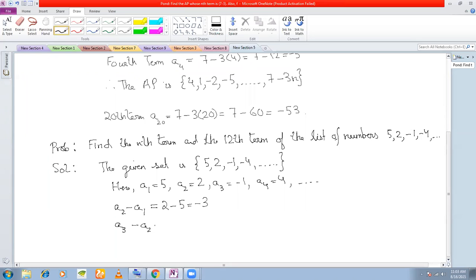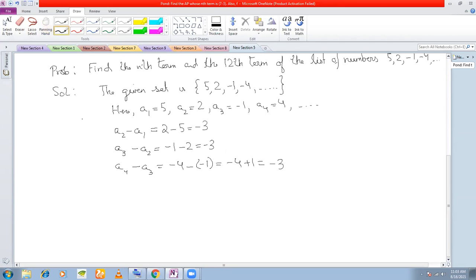A3 minus A2, will give you minus 3. A4 minus A3, also minus 3. So you see that all of these terms have a common difference.